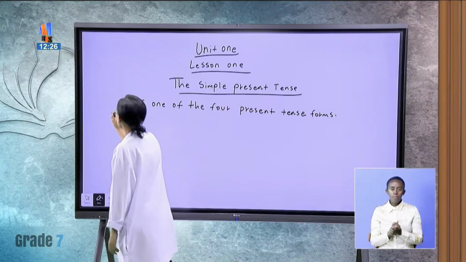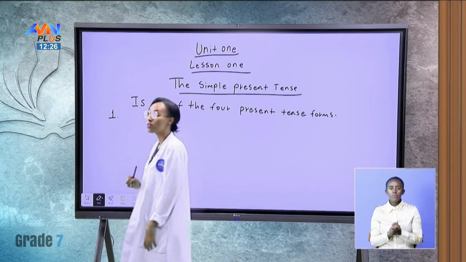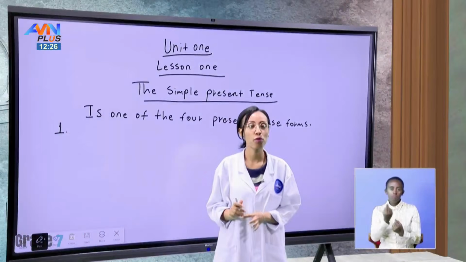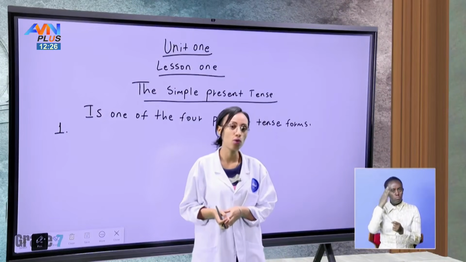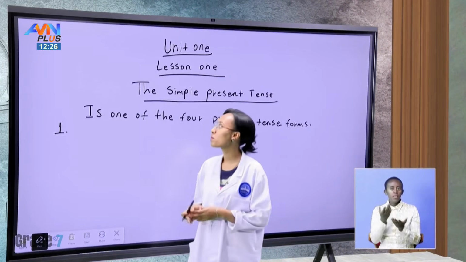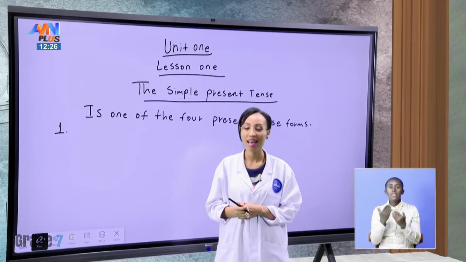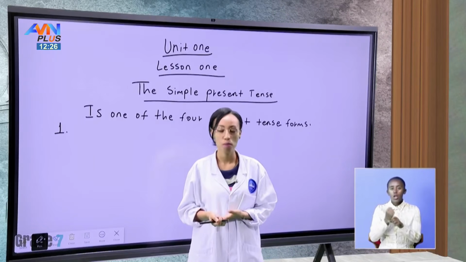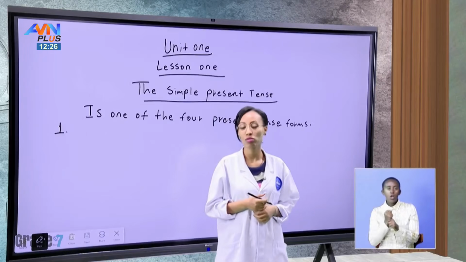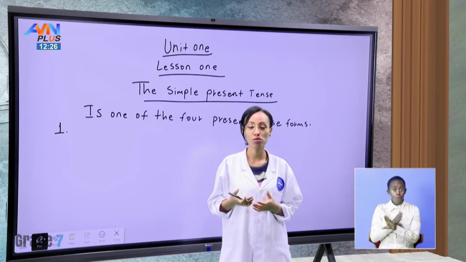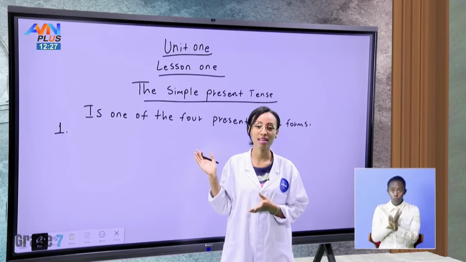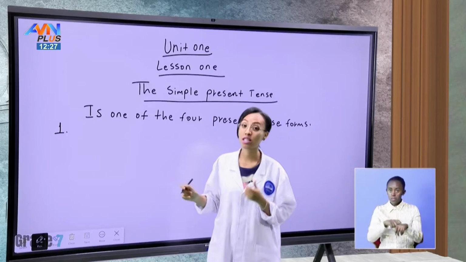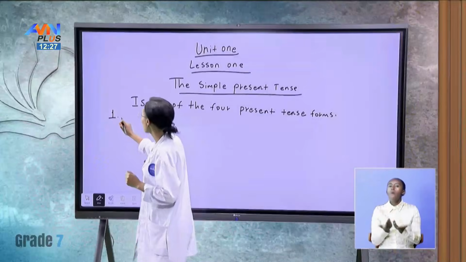We use it in different situations, but one of the most commonly known ways of using the simple present tense is to express habitual actions. But before we talk about those ways, let us talk about its form and its formula.